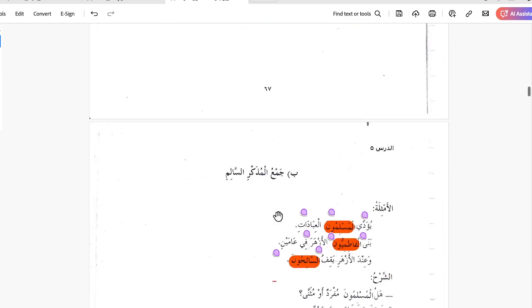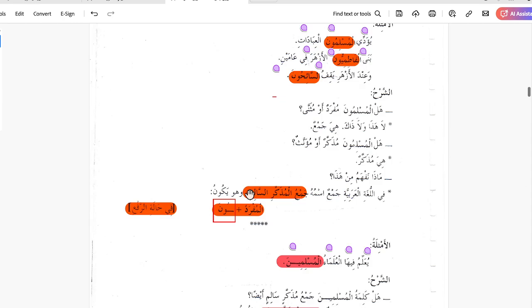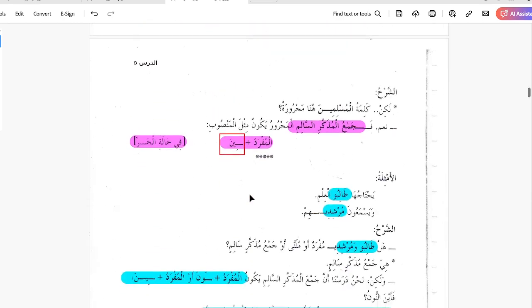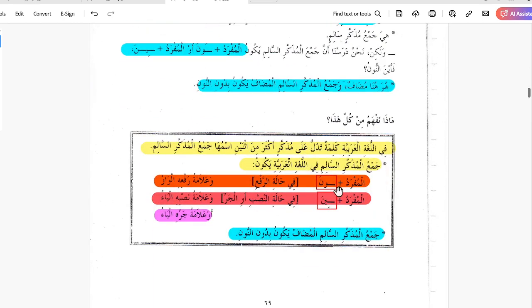And for the plurals, Jama Muzakkar Salim, the masculine plurals, which are on a pattern, what we do here is, with the mufrad, we add una, like Muslimuna. This is done for alamatul rafi, in the case of rafa.